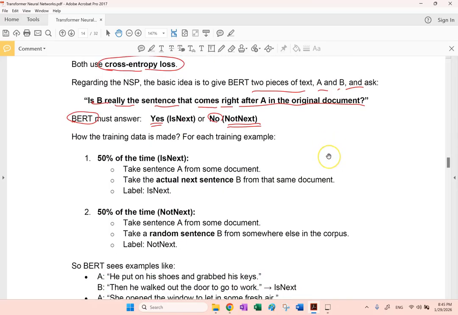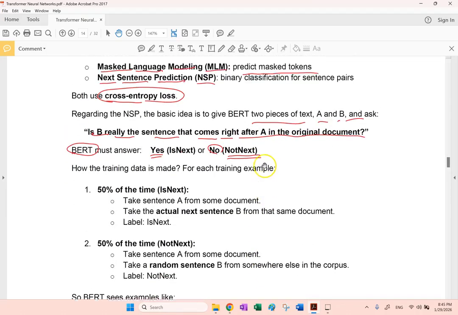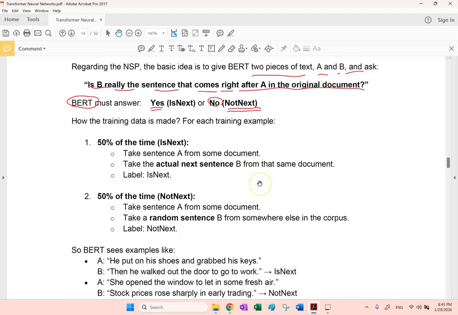Okay, and the way that they did this NSP, next sentence prediction, half of the time they did it such that B actually naturally comes from A, half of the time they did it such that it's not, but it was actually random.